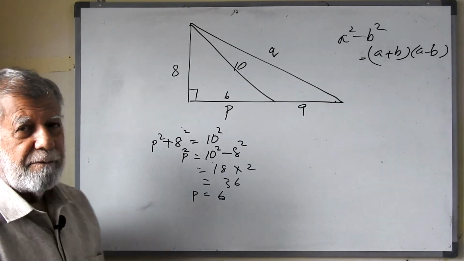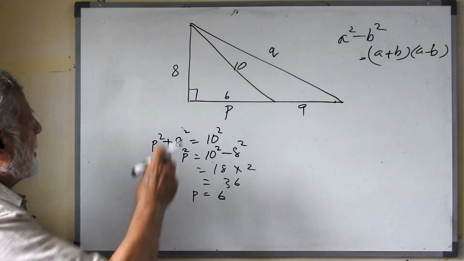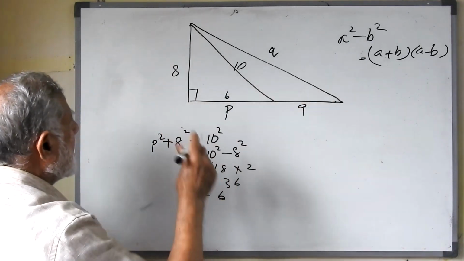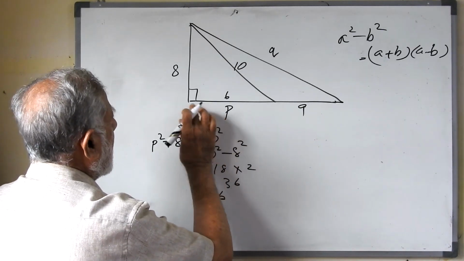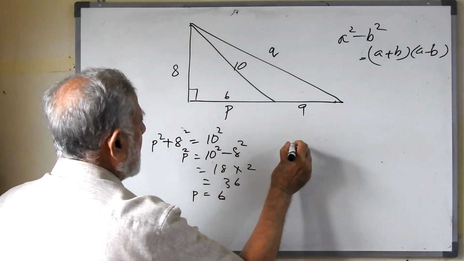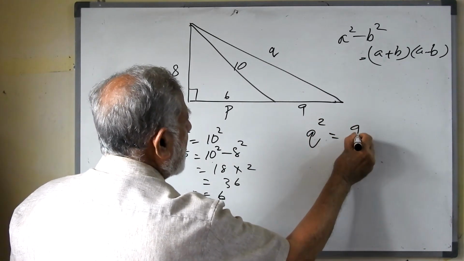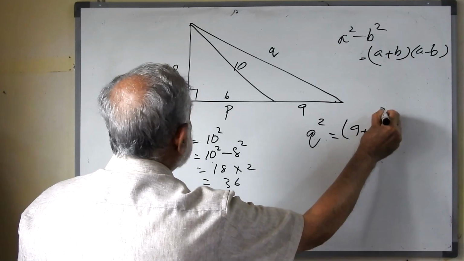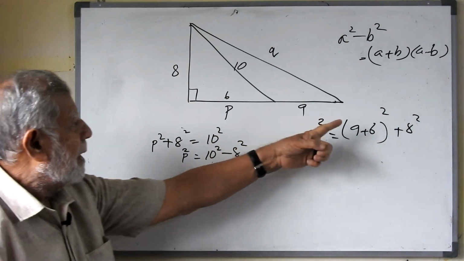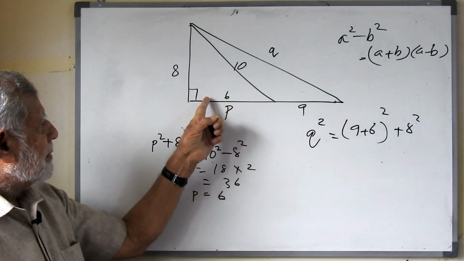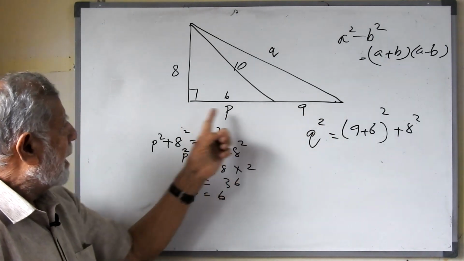Now we can easily find out q. How? We take the big triangle. This is 6, this is 9. So q squared is equal to 9 plus 6, the whole squared, plus 8 squared in this big triangle. Now we have found out the length of p, that is 6. 6 plus 9 is this long side, and 8.